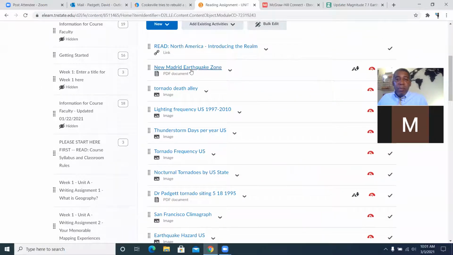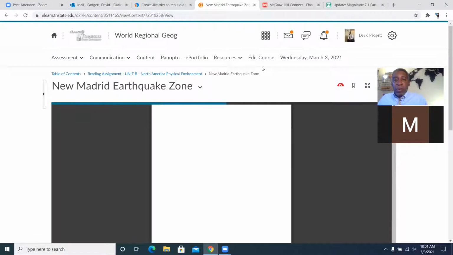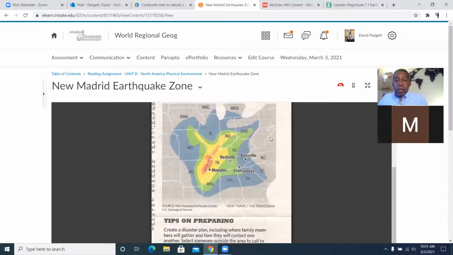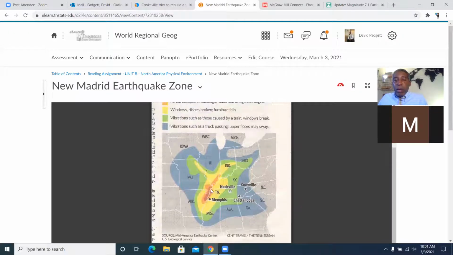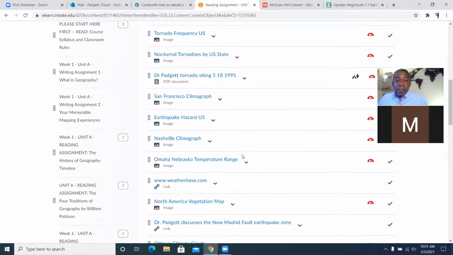It's called the New Madrid earthquake zone. Some of the most powerful earthquakes ever recorded occurred right along this earthquake zone, and a lot of people don't realize it.